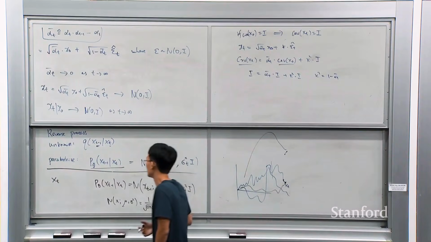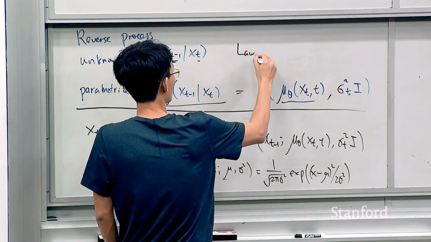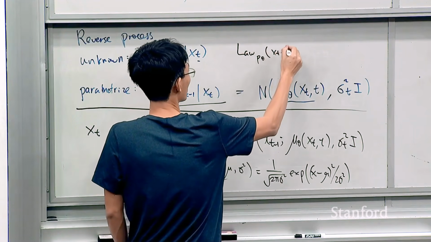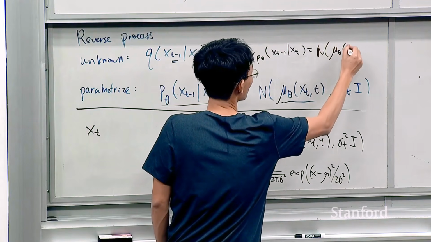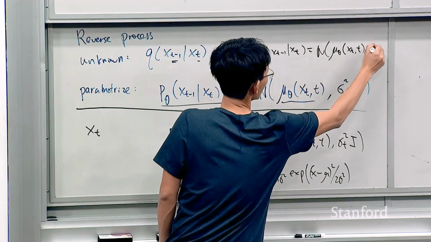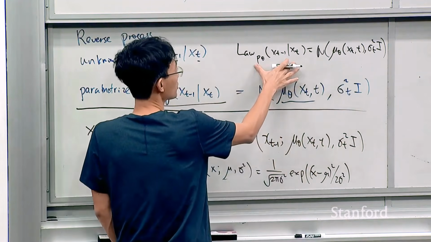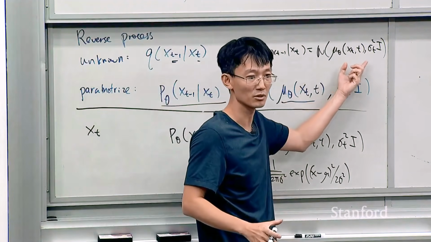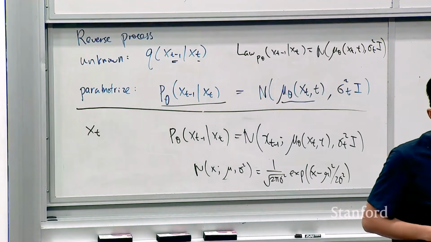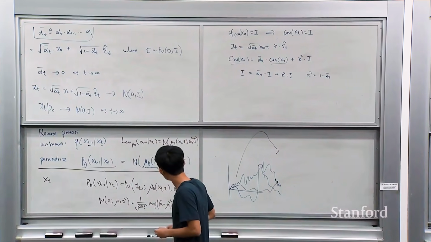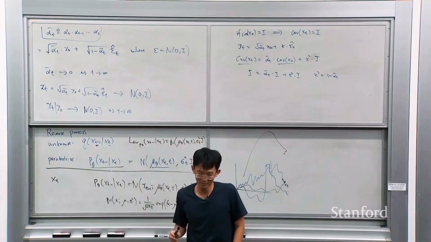Or you can say that the law under p theta of x_{t-1} given x_t is equal to this distribution, mu theta of x_t and t. That's another way to write it: both the left-hand side and the right-hand side are conditional distributions. But most likely, even if you just write the blue line, you'll be fine in any paper.